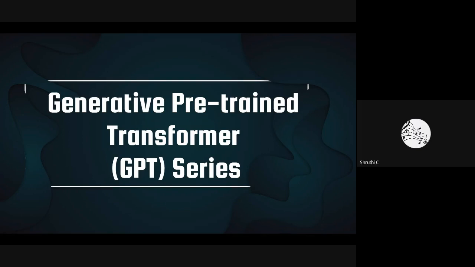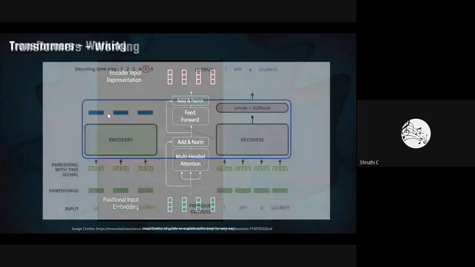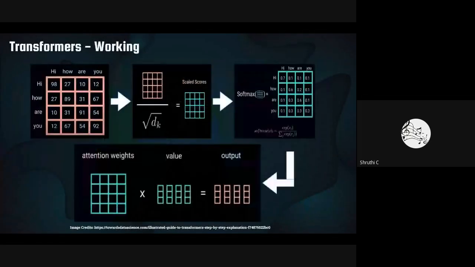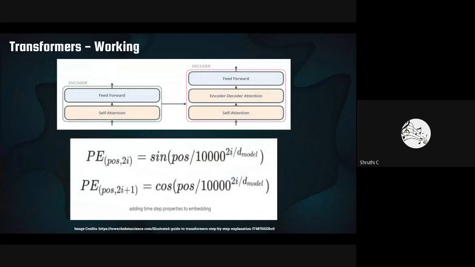So myself, Shruti. I just have a query regarding the cross attention layer. As you can see in the cross attention layer, we're feeding the output from the encoder into the decoder attention layer, right? But it's a sequence to sequence attention that happens in the decoder attention layer.